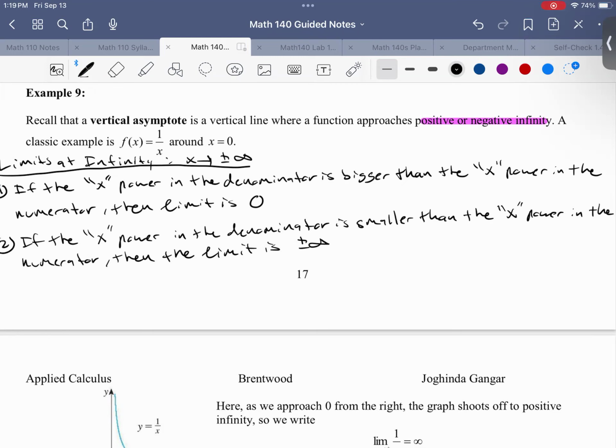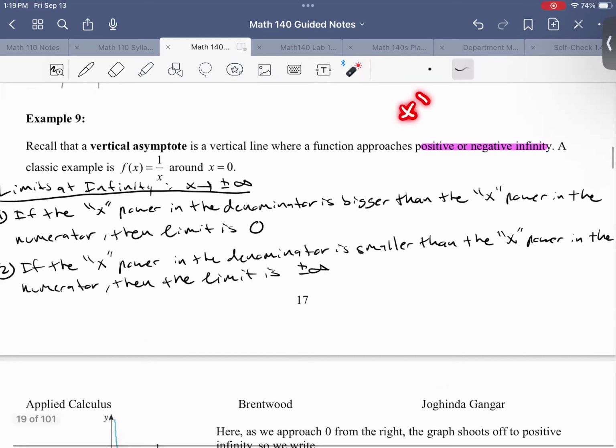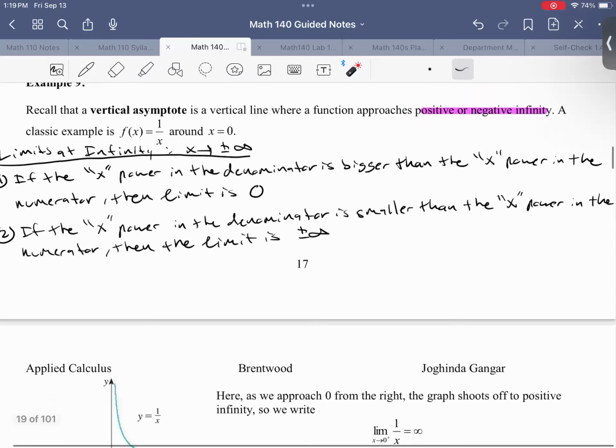Right, so for this kind of example, if you have something like x to the fifth over x to the fourth, the power is 5 up top, the power is 4 on the bottom, so your limit would be infinity. And then negative is just if there's like a negative somewhere in there that's affecting it. So this would be negative infinity. But that's the second option.